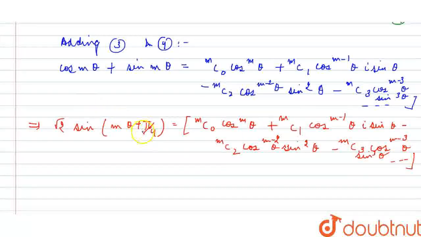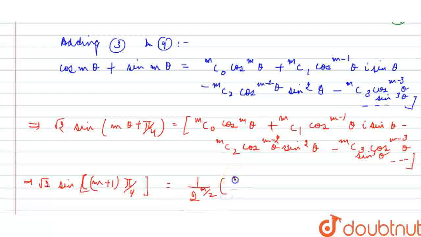So if I put theta equal to pi by 4, then what do I get? I get root 2 sine ((m plus 1) into pi by 4) equal to 1 upon 2 raised to the power m by 2, times, we'll be left with mC0 plus mC1 minus mC2 minus mC3.